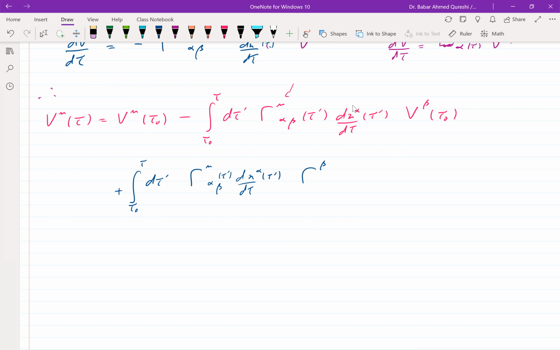Then this gets contracted with this guy, and these depend on another dummy variable, and there's a double integral, and this finally gets contracted with the starting value of v nu.